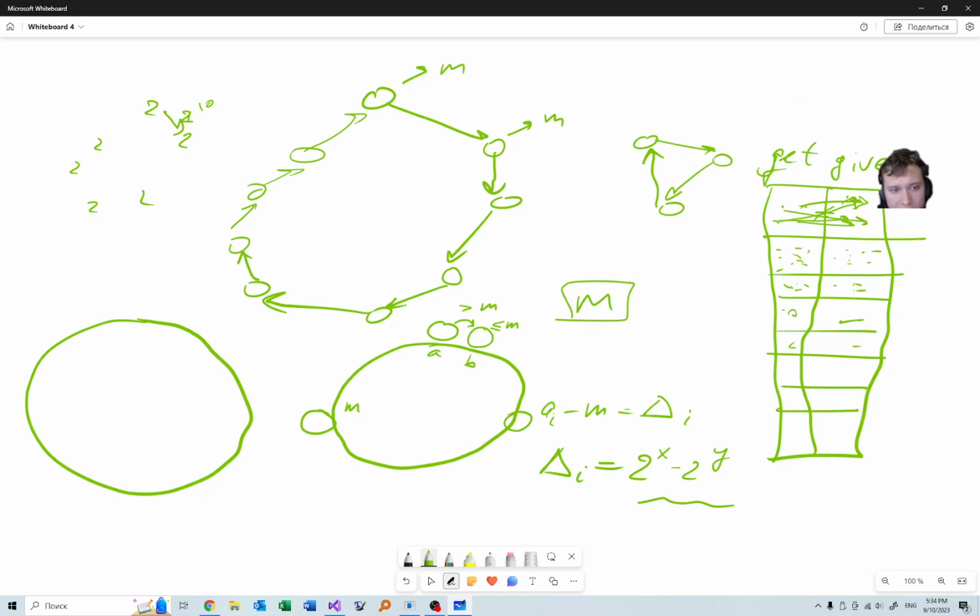Then we have that 2 to the power p is greater than a, and a is greater than m, and m is at least b. So actually, after that, b will become b plus 2 to the p.